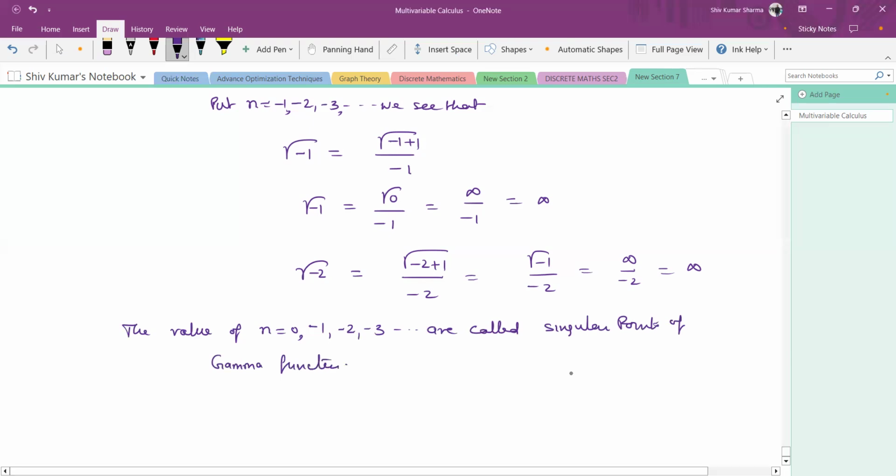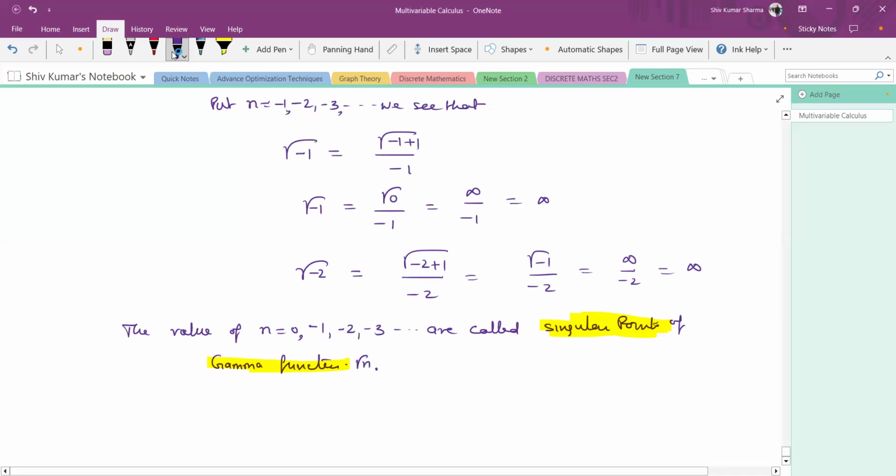Remember this. So that is called the singular point of the gamma function, which we have already defined by gamma n.